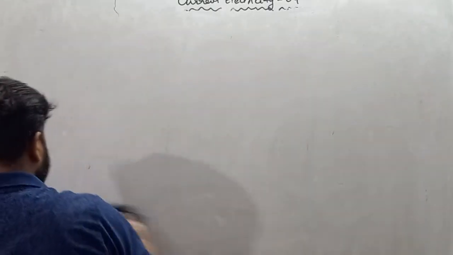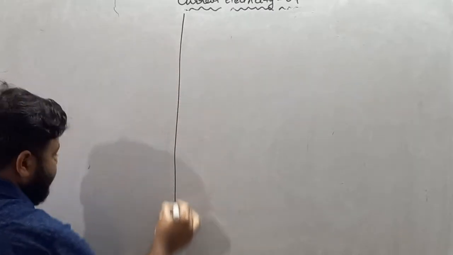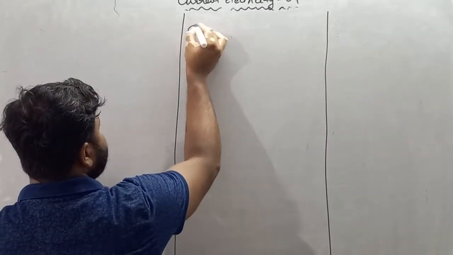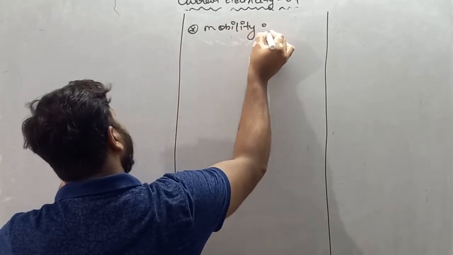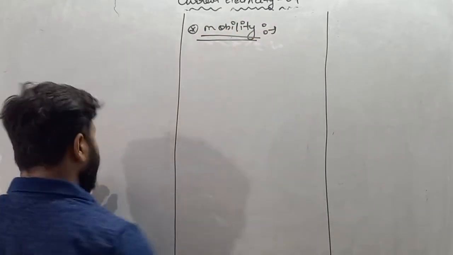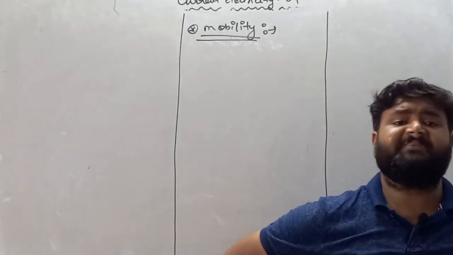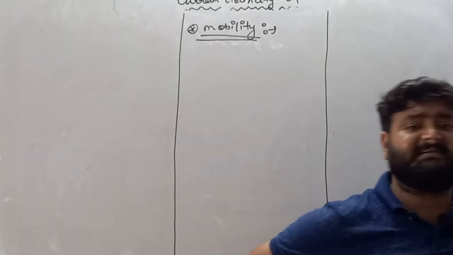So write down, mobility is represented by μ. Mobility is basically the ratio of drift velocity and the electric field inside the conductor.